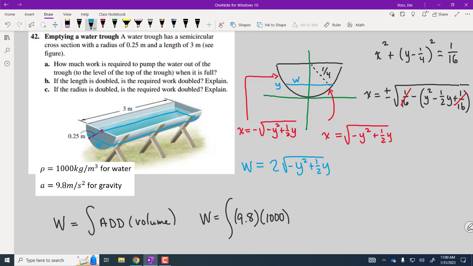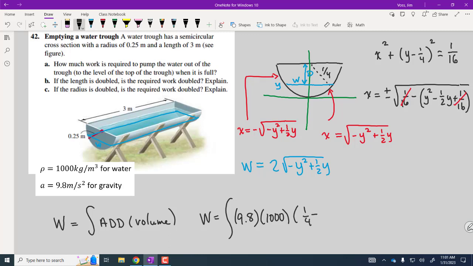The distance traveled then is right here. This is the second d. If we're pumping it right out of the top of the trough, what's that distance going to be? 0.25 minus y. Yes, so 1/4 minus y. That is our distance.